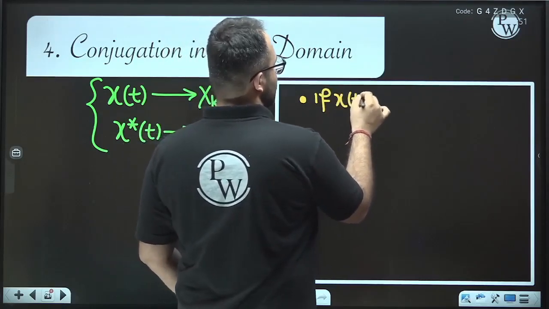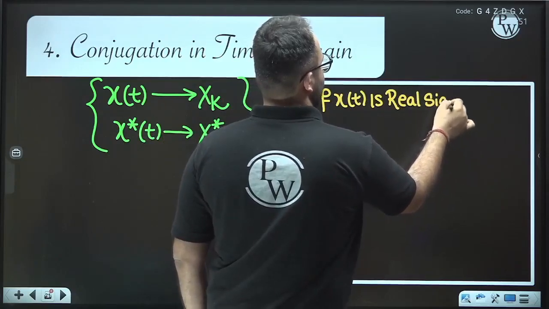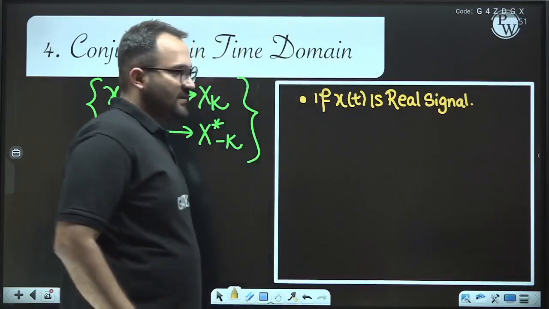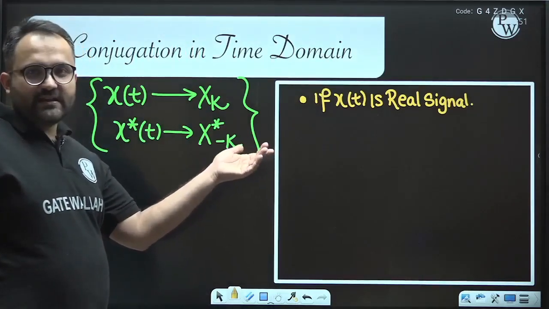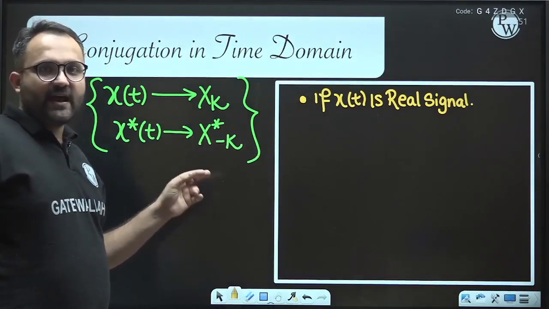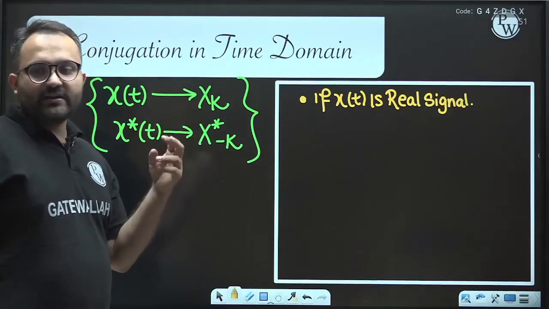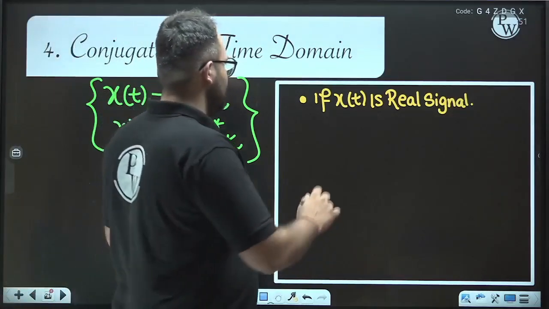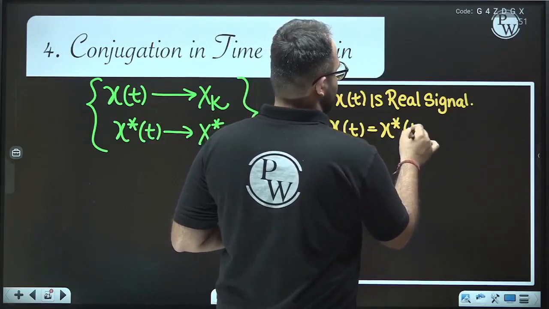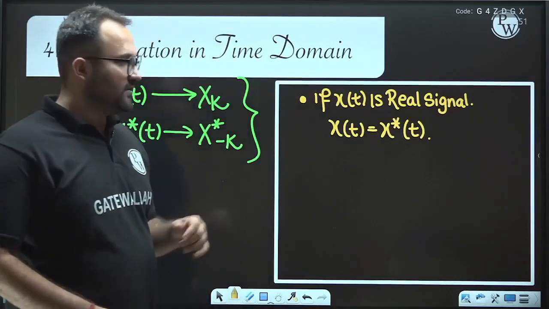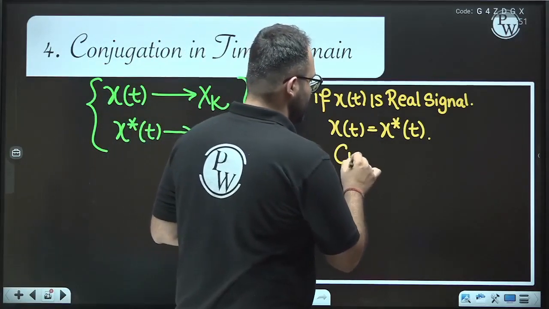If xt is a real signal, then any real signal has the property that the signal and its conjugate are equal to each other, just as for any real number. So xt is equal to x conjugate t. So if the signal is real, then it follows this property, and it will also follow ck is equal to c minus k conjugate.